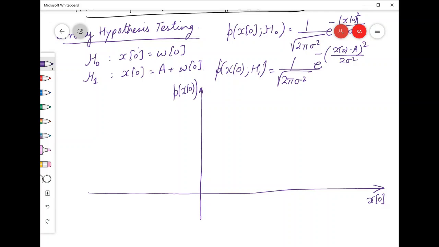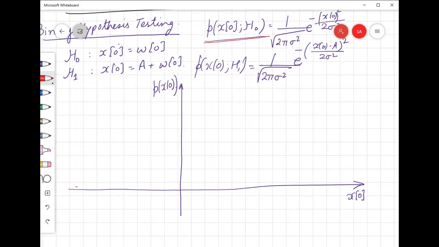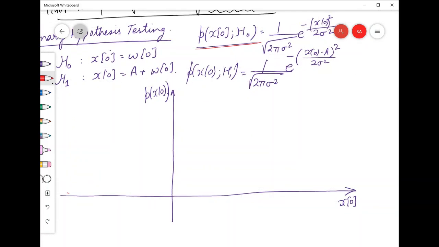Now suppose hypothesis 0 is correct. So I'm taking this case. If this is correct, then the graph is going to be a Gaussian curve with mean 0. This one I am naming the probability of x0 given hypothesis 0 is correct.